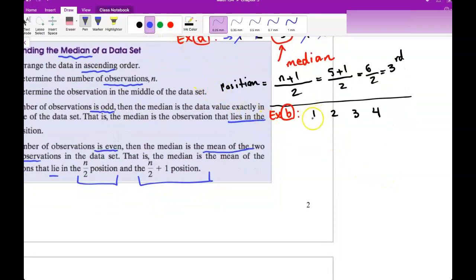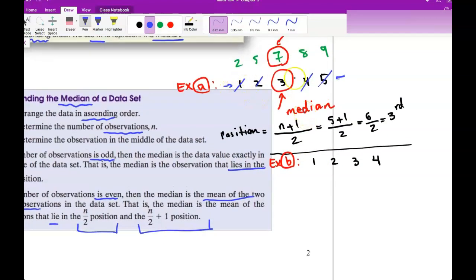Again, same thing, starting from left and right. From left I have 1. Now from right I have 4. Eliminating, and I don't want to eliminate these because I want to have something in between. So what that means, we have these two in between.